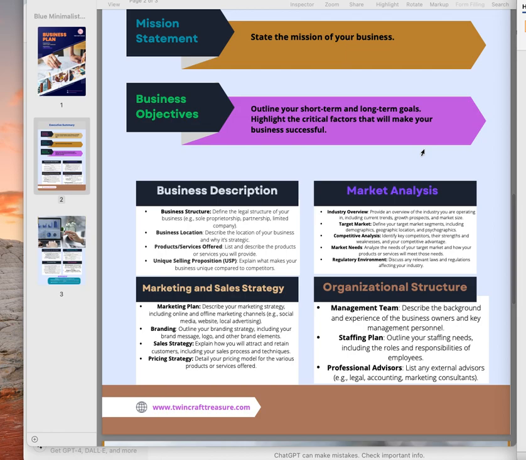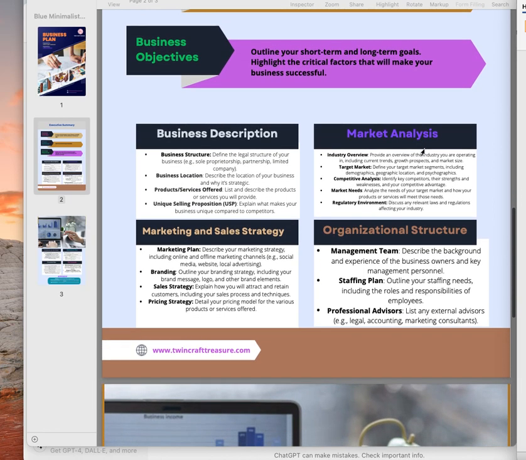Then business description. Here, you need to describe the business structure. You need to define the legal structure of your business. Example, what type of business? Is it a sole trader, partnership, or limited company? Then, where is your business located? You can describe the location of your business.